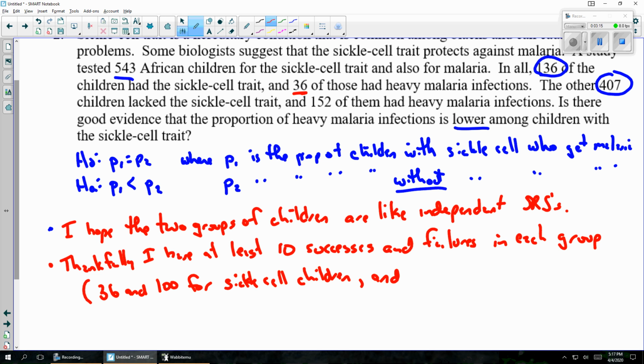And then with the not sickle cell children, I've got 152, and the difference there, 407 minus 152, 255 for non sickle cell. So there I've checked my large counts rule.